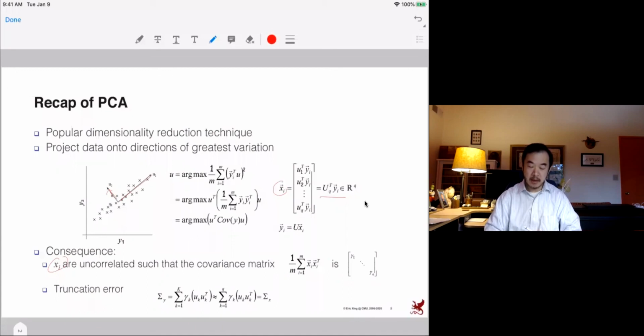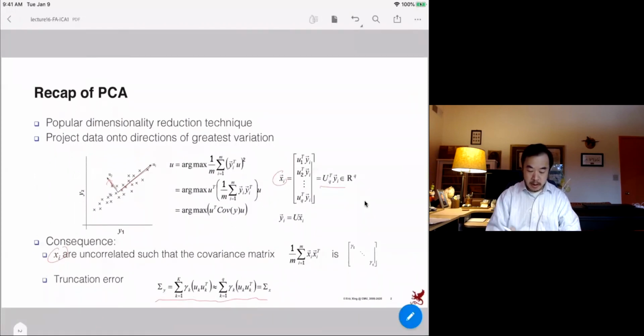Also, you can choose the number of principal components using the value of the eigenvalues, and that eigenvalue can correspond to a truncation error as defined here. Okay, so that's just a very quick recap of the key concepts in PCA.